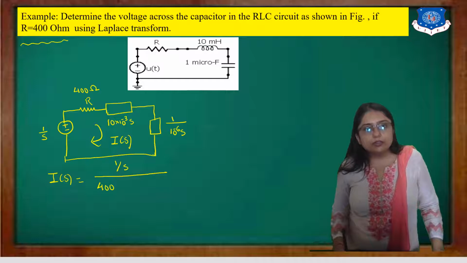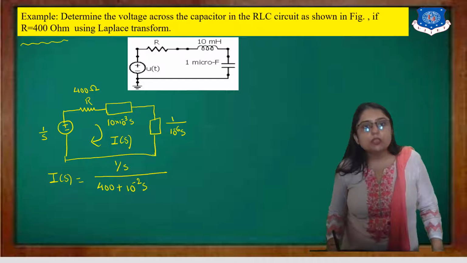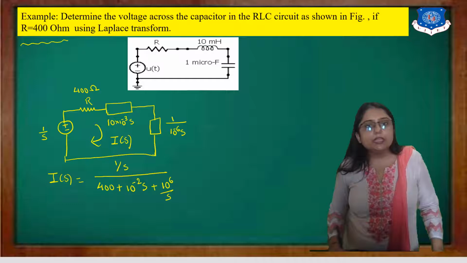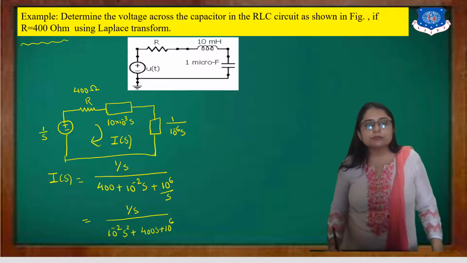So 400 plus 10 raised to minus 2 into S, because 10 into 10 raised to minus 3 will become 10 raised to minus 2, plus 10 raised to 6 divided by S. Just take the LCM. So 1 by S, then here we have 10 raised to minus 2 S square plus 400S plus 10 raised to 6.